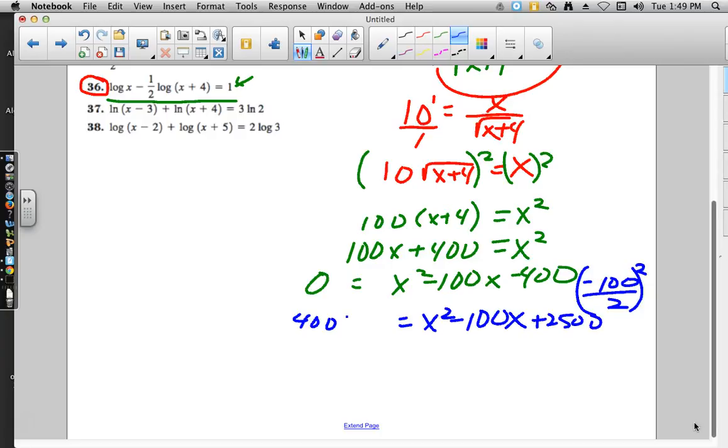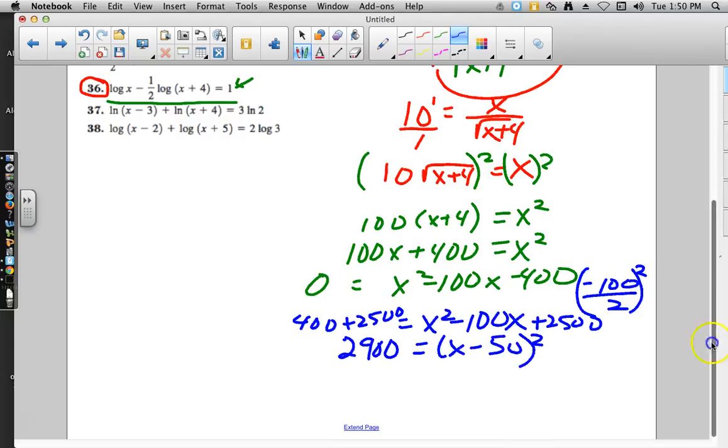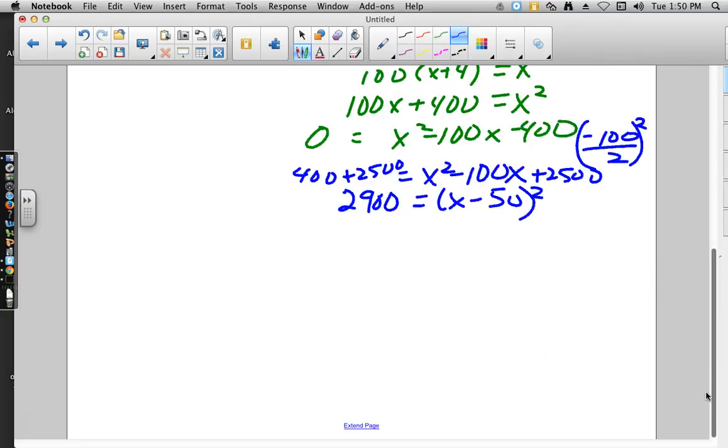So we need to add 2,500 to both sides. And that will give us 2,900 equals x minus b over 2, which was 50, squared. And then we would take the square root of both sides. And of course, that's our plus or minus piece right there.